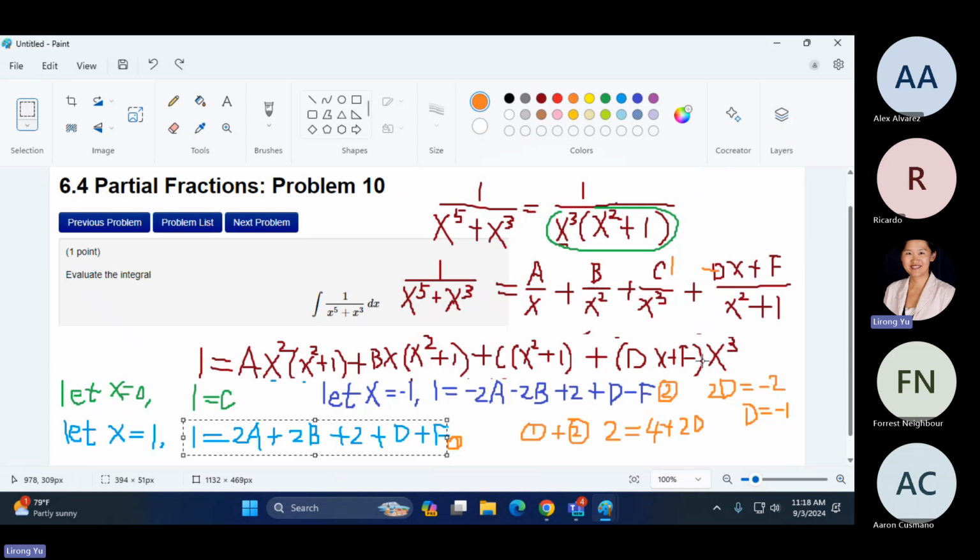You can see from this side of the equation, there's dx and x cubed, and there's ax to the x squared times x squared, that's degree 4. And there's no degree 4 on the left side. So A plus D has to be 0. We have D equal to -1. Does that make sense? Maybe in this particular example, matching coefficients might be faster than trying all these.